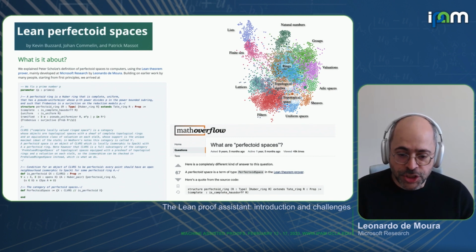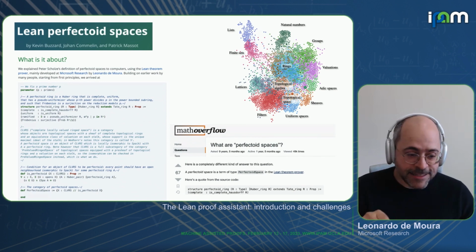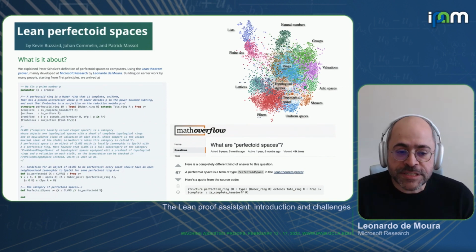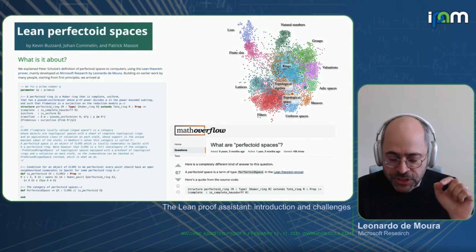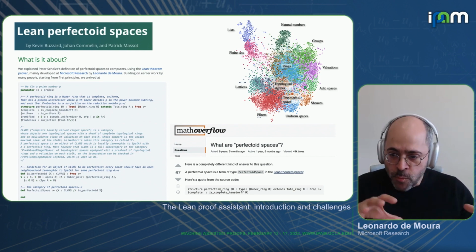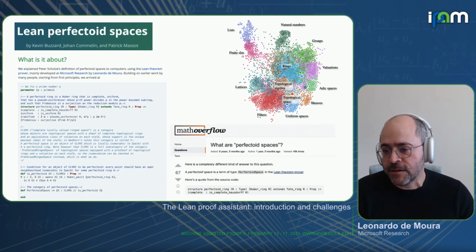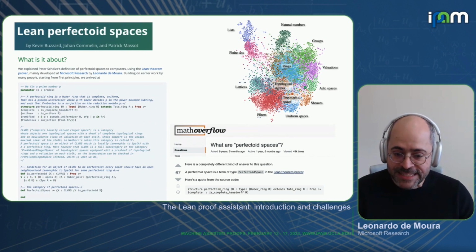And this project shows that it's not just about correctness, it's also about communicating ideas. Here, if someone wants to understand what a perfectoid space is, they can browse the definition, they can jump. For example, if you don't know what a Tate ring is, you can jump to the definition, you can zoom in, zoom out, you can create visualizations automatically, you can treat math as data, and you can process this data.